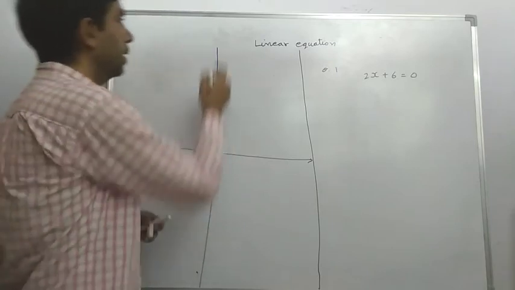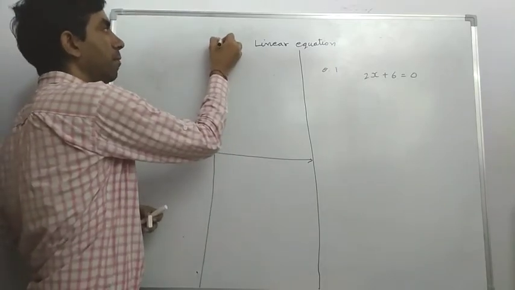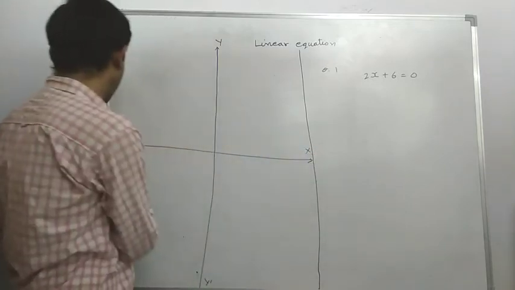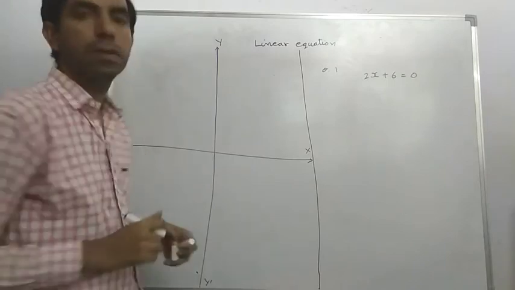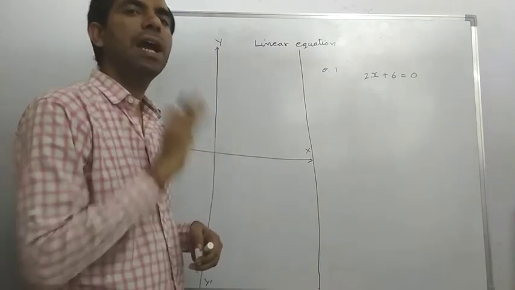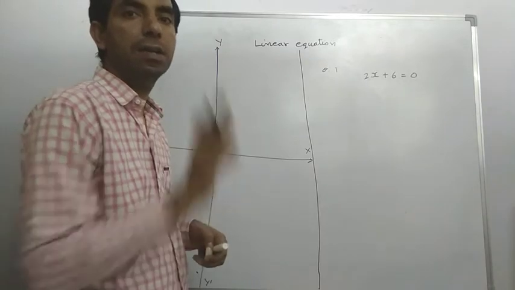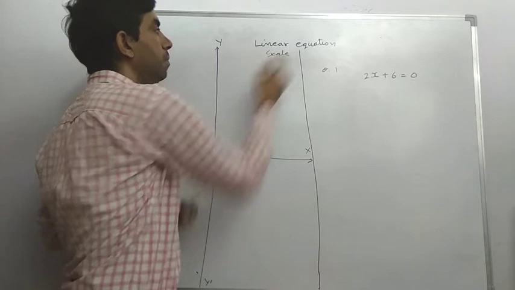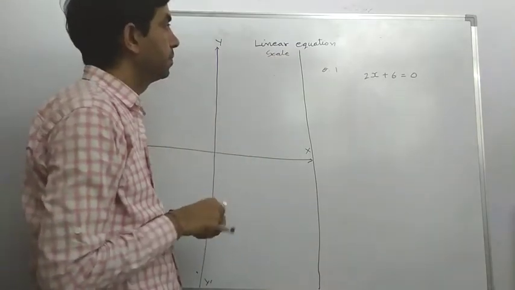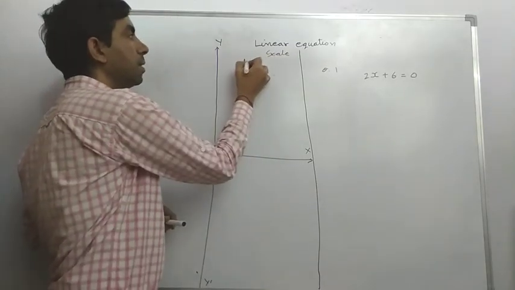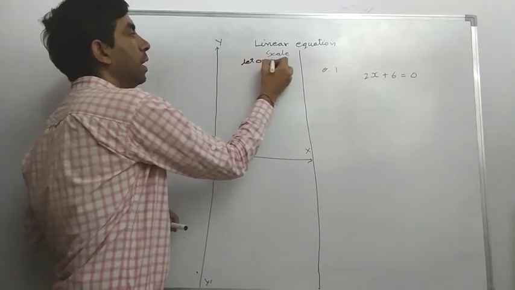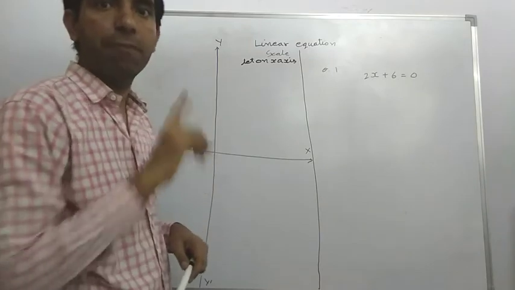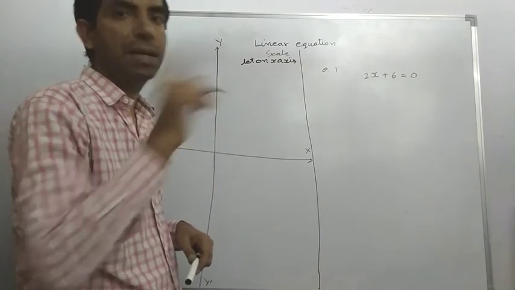So here first we mark the y-axis. For making any graph, first we have to write the scale. Scale means, let on the x-axis one big box equal to, that is decided by the question.